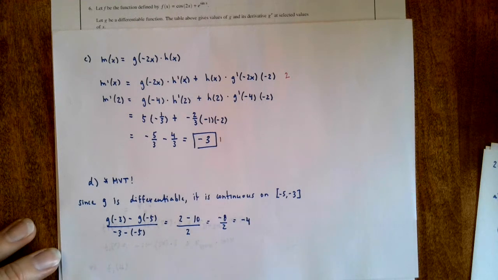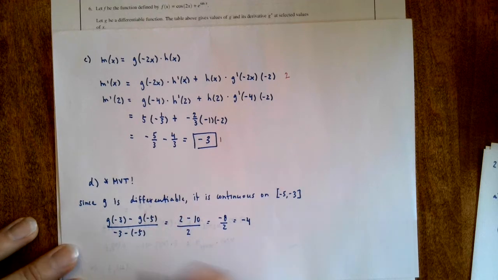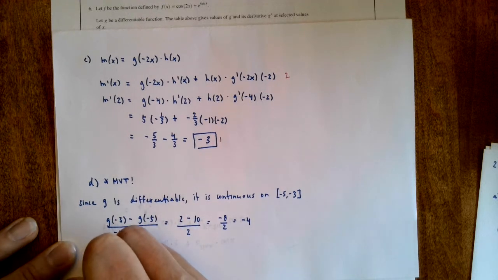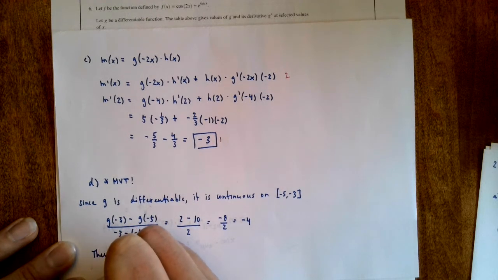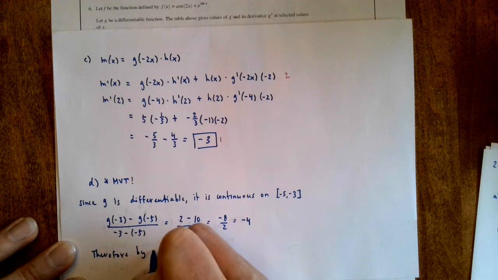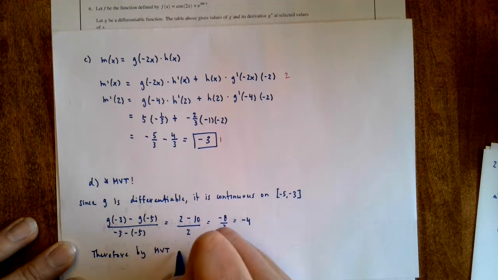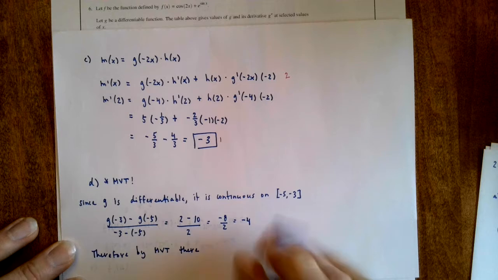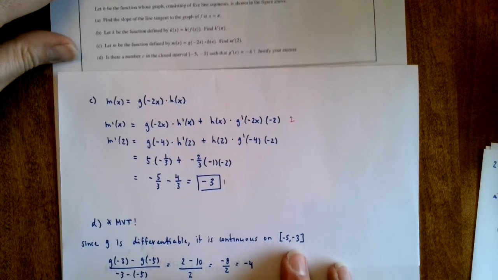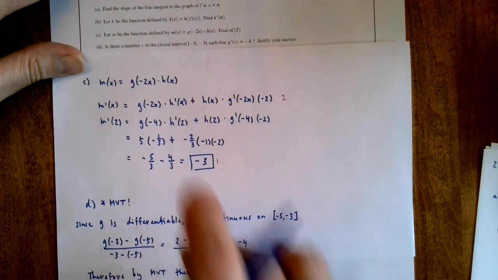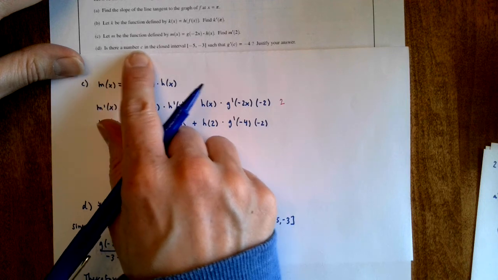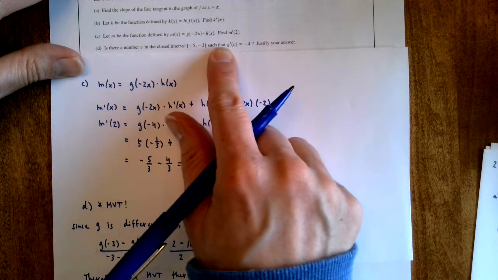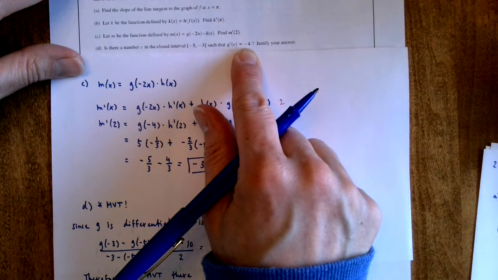So once we have these two things, we can say, therefore, by the MVT, and here I would use the wording of the question. It says, is there a number C in this interval such that g prime of C equals negative 4?